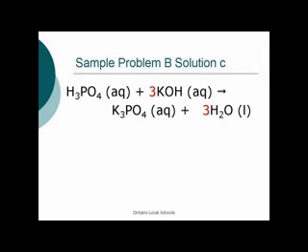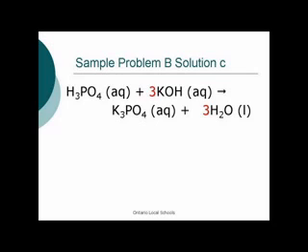But here, the phosphate ion is the same on both sides. We balance the metal first, so there are 3 on the product side, so I put a 3 in front of the KOH, and then again we have 1 phosphate on each side. We're okay there. So I then have to look at hydrogens. So I have 3 hydrogens in the phosphoric acid, 3 in the potassium hydroxide, which gives me 6.